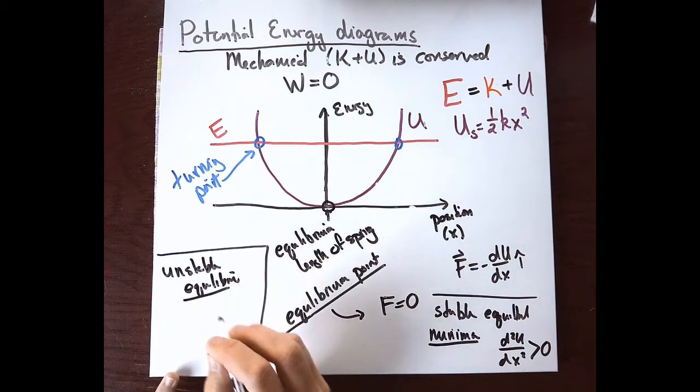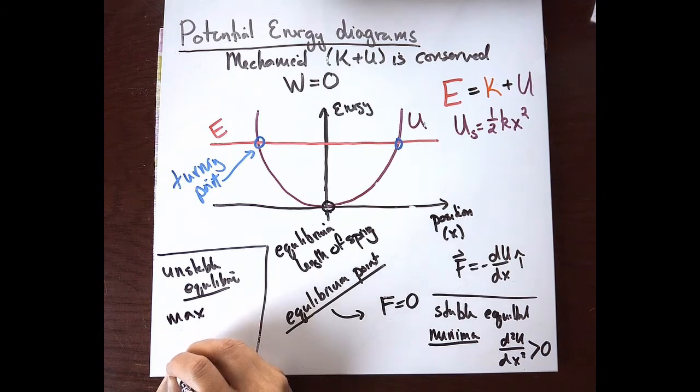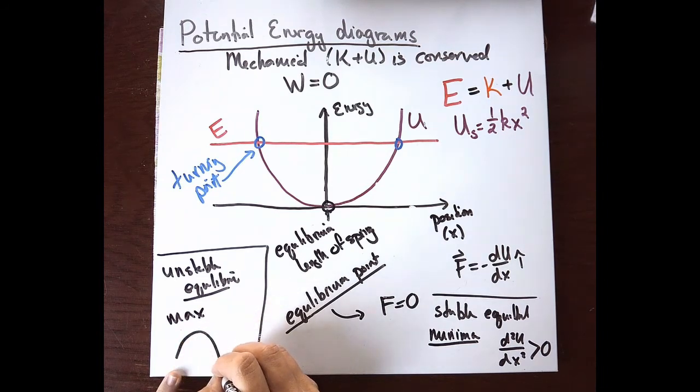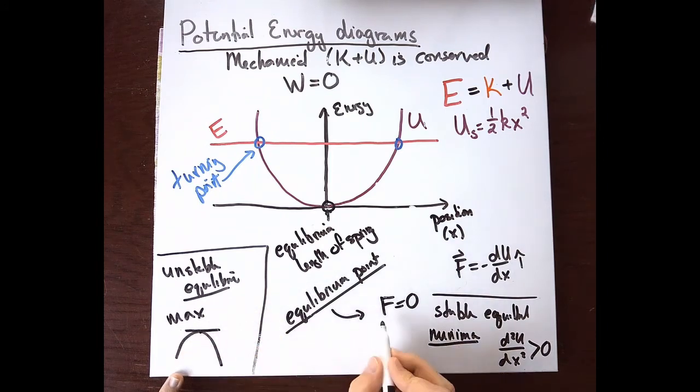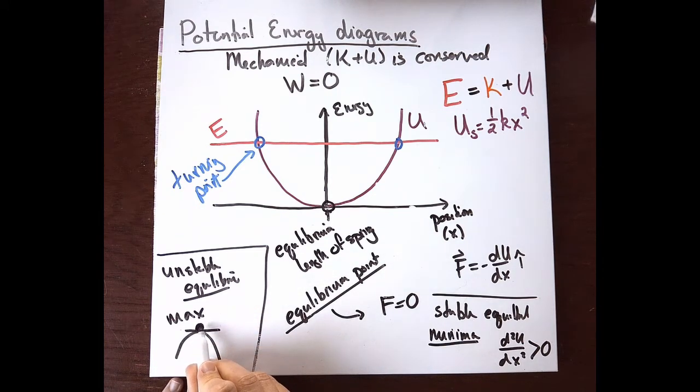So an unstable equilibrium is going to be a max. So where the potential energy would do like this. You'd still have the slope being 0, say right there. That means the force is 0. And we could potentially take our little marble and balance it at the top here, but if it moved off even a little bit, it would go rolling far away.